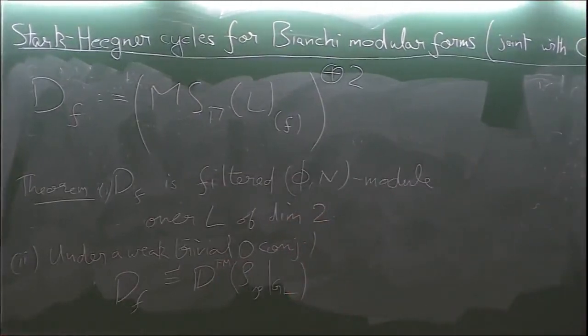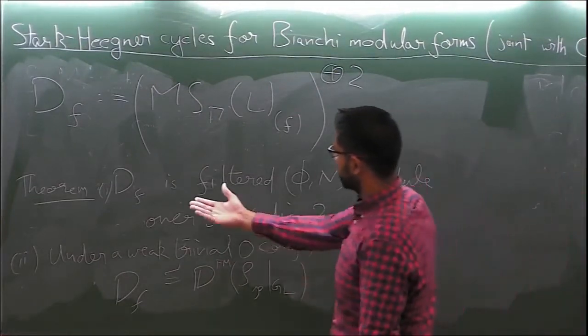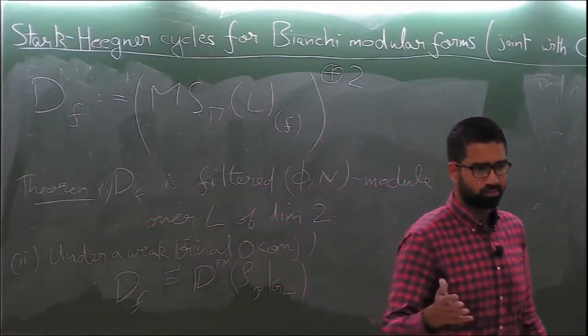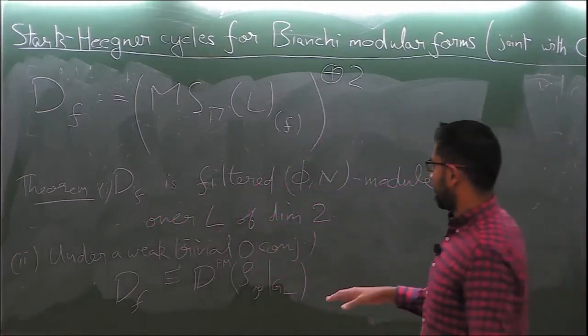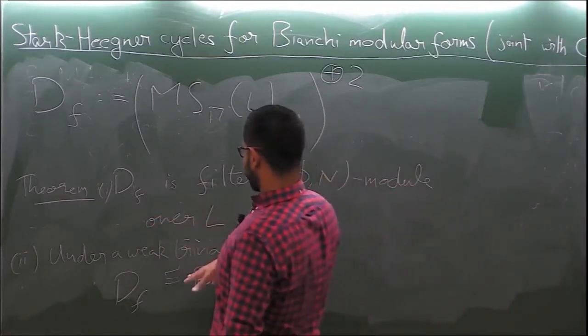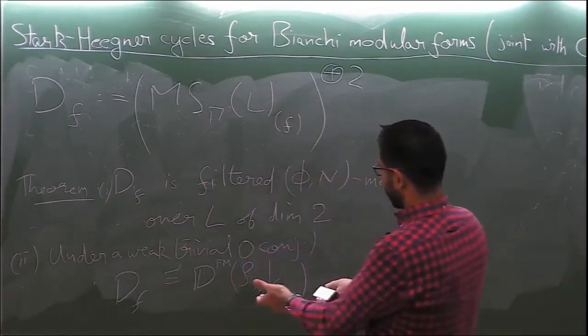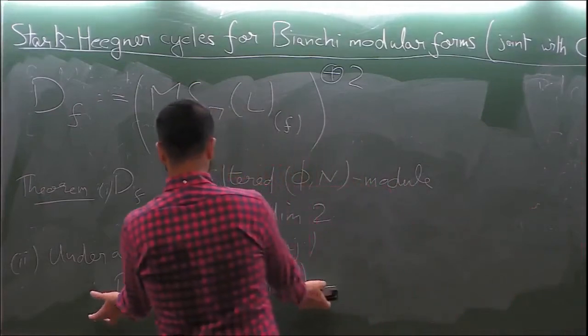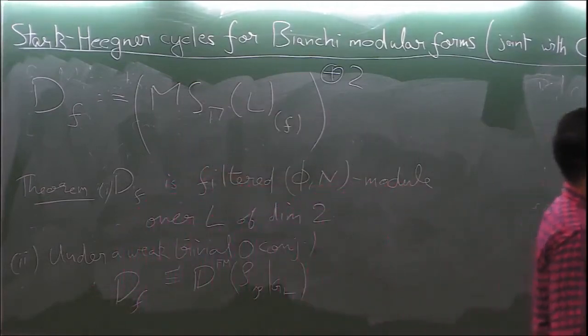So the weak trivial zero conjecture says that this is a filtered phi-N module, it has an L-invariant. The L-invariant will be the type of Darmon cohomological L-invariant. So the trivial zero conjecture is an equality of L-invariants, and an equality of L-invariants lifts to an equality of phi-N modules.